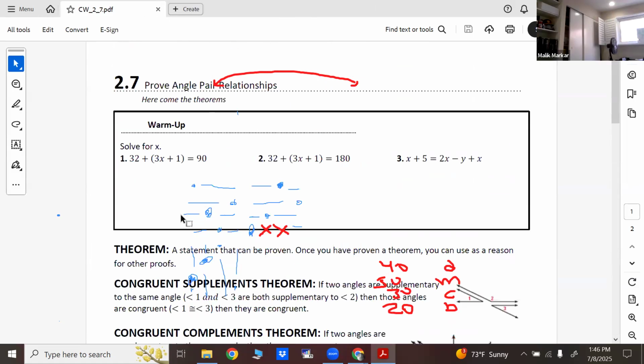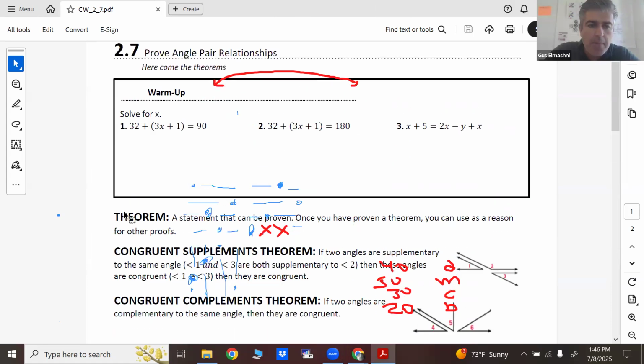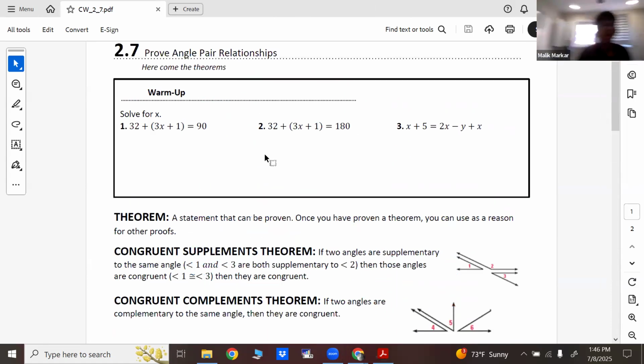Okay. Go ahead and solve these equations right now as a quick warm up. Just again, you're solving for x.